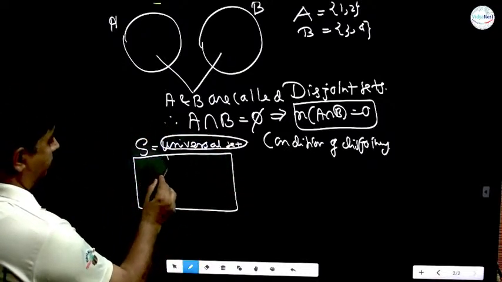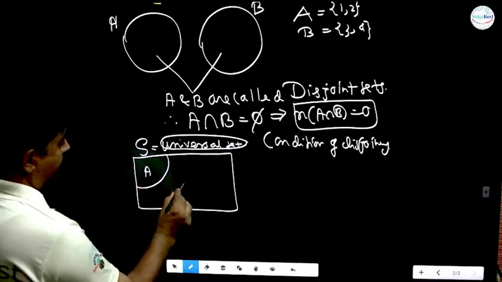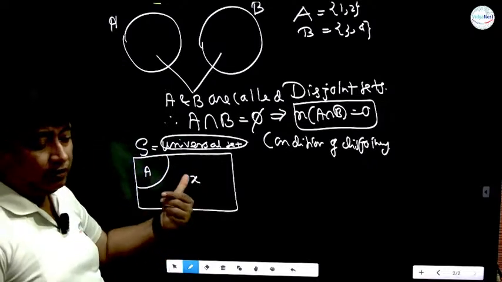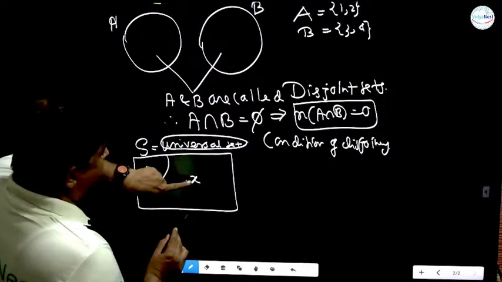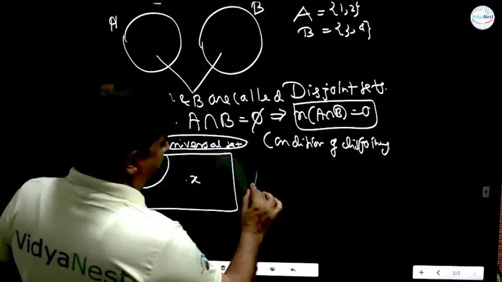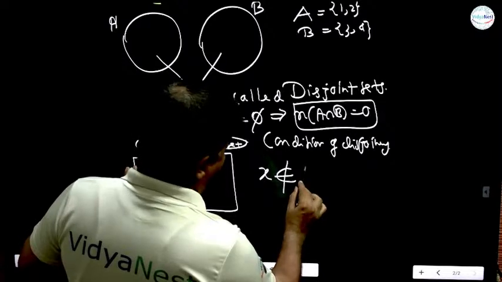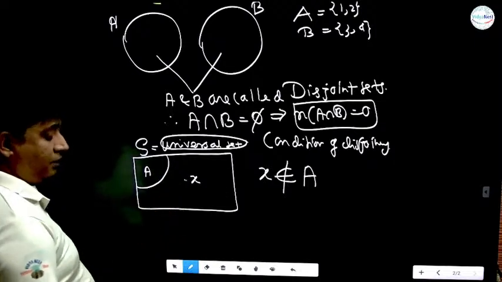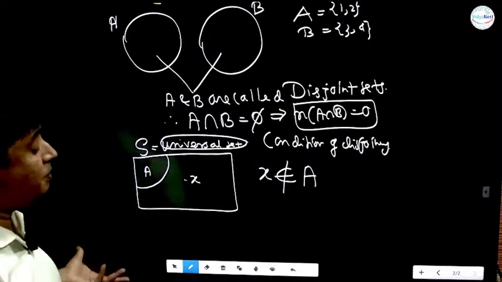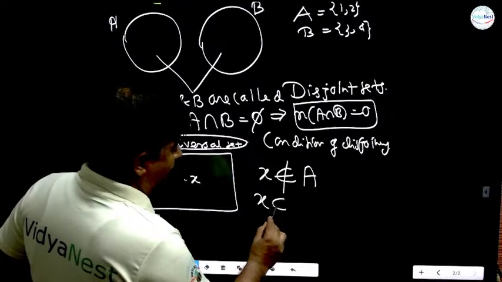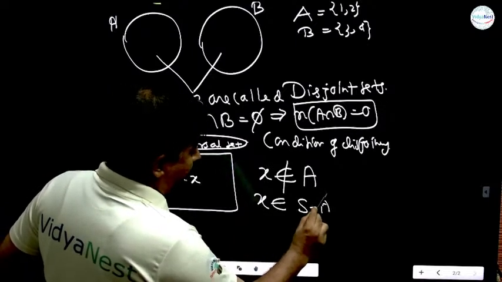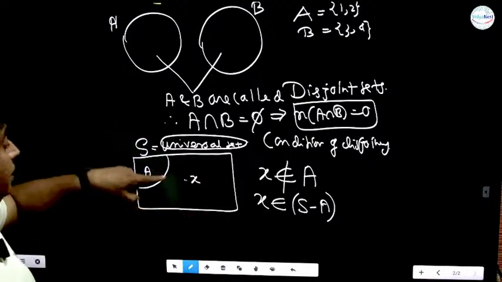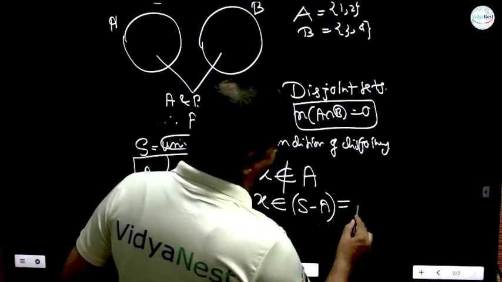And there is a set A and there is one element X. So this figure depicts what? Does this X belong to A? No. X does not belong to A. Yes or no? X is that element that does not belong to A. So where does it belong? It can belong to the remaining part of S. So that is called complement.